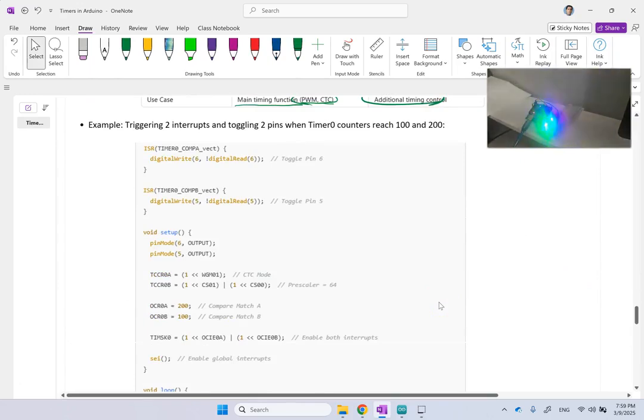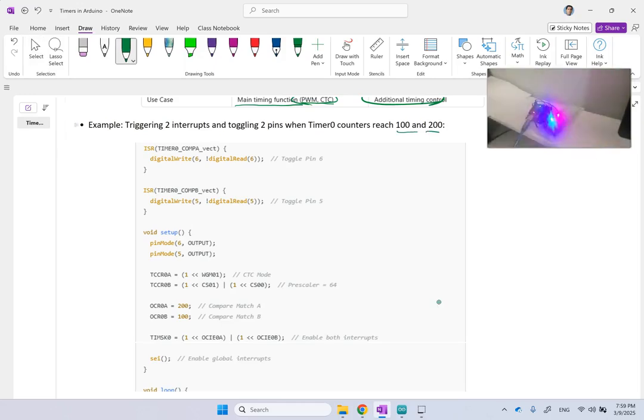So here I'm going to use timer 0 in CTC mode, and I'm going to use two separate max values of 100 and 200 on A and B. And using those, I want to toggle two pins. And these pins can go to two LEDs, so turn them on and off, right? So look here. Remember the timer? So here I define my timer interrupt function, ISR TIMER0_COMPA_vect.